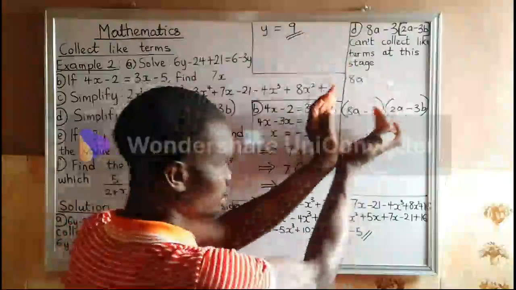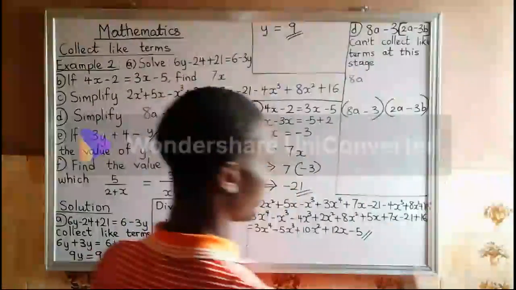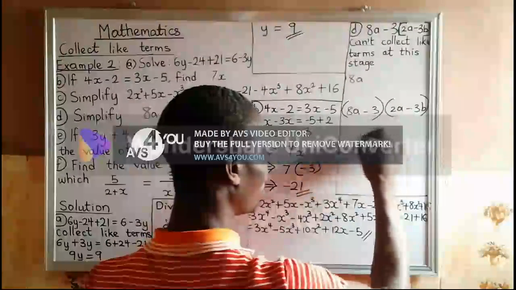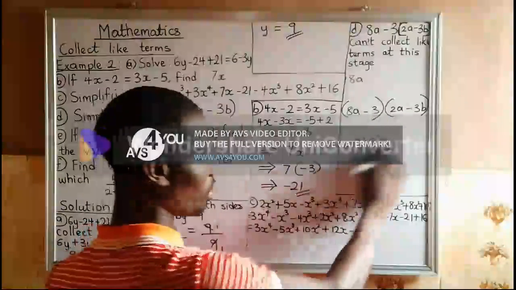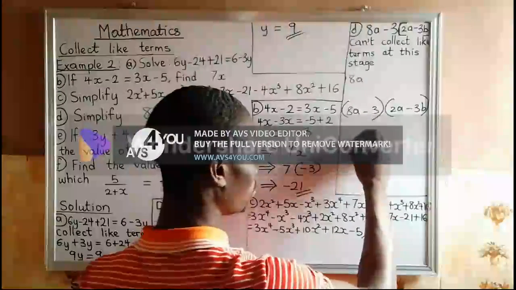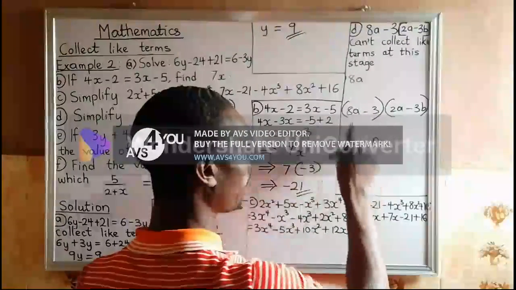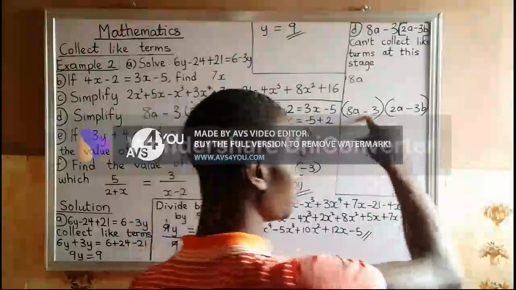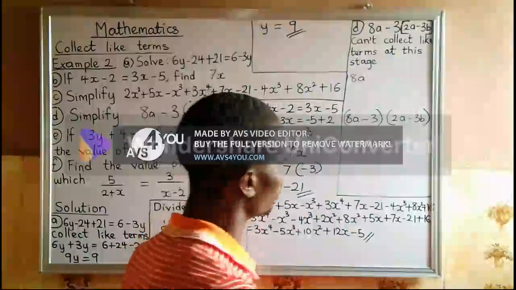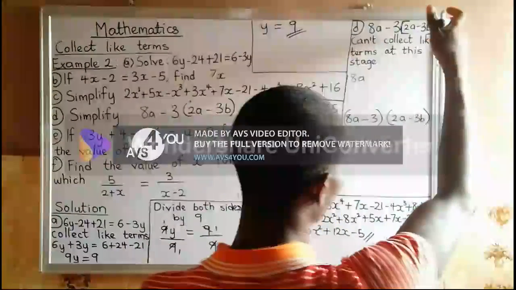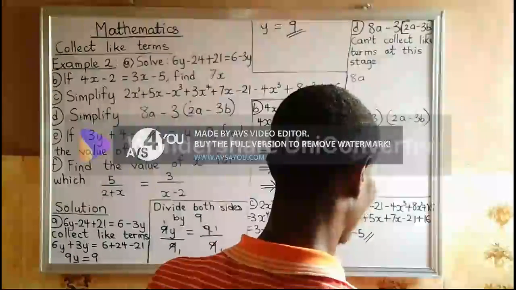This means something multiplied by another thing. It's just like saying 7 multiplied by 8, or saying mn, where m is 8a minus 3 and n is 2a minus 3b. And that's not what is given in the question.